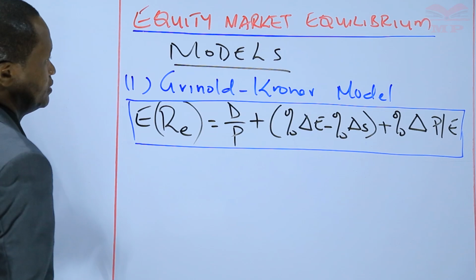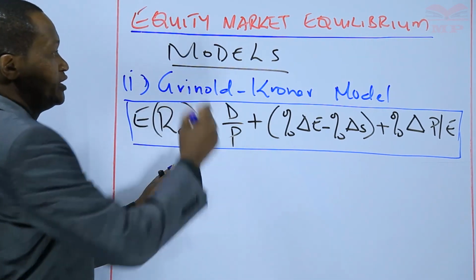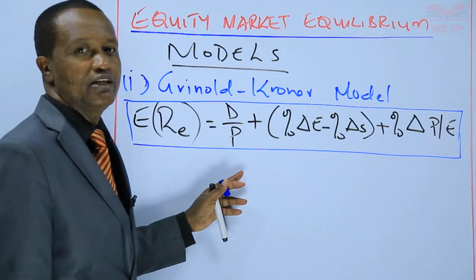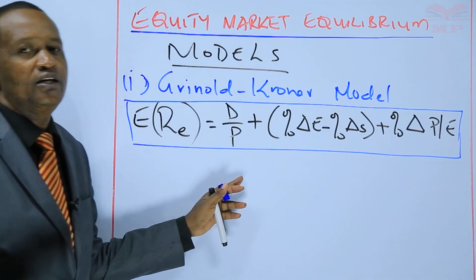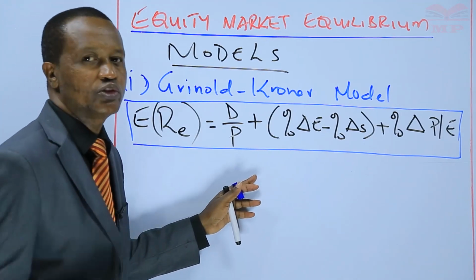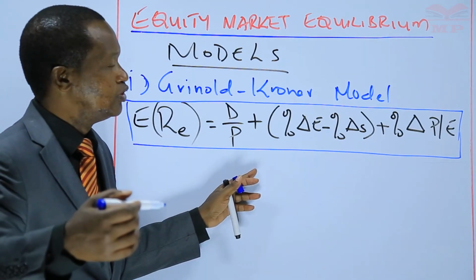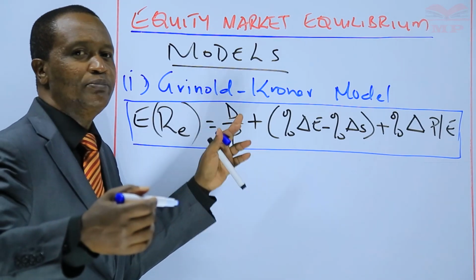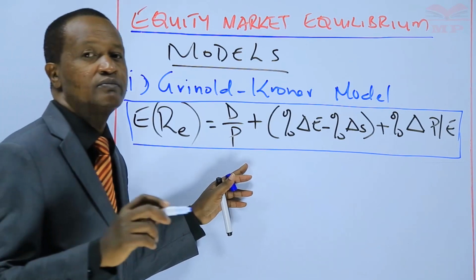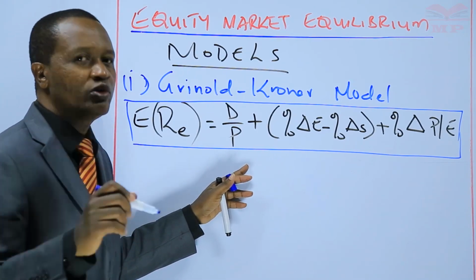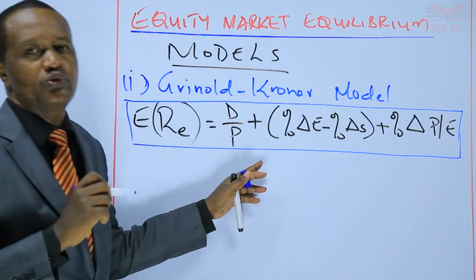All right. Candidates, it is worth noting that the Greenwald-Kroner model can be used not only in calculations of the expectation setting, but also as a tool to analyze the sources of historical returns. In principle, the Greenwald-Kroner model assumes an infinite horizon.